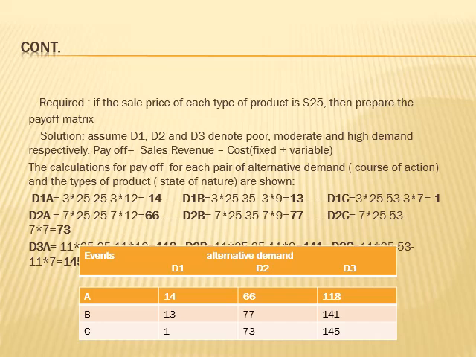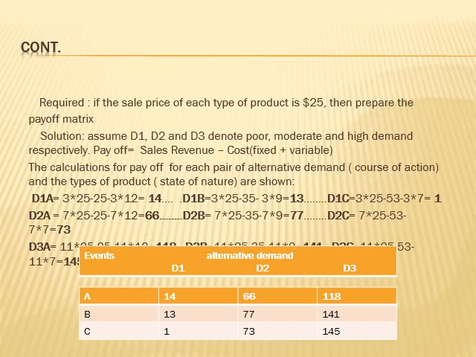Now, the shown table stands for the various demand A, demand B, demand C, and depends on the various level of demand.